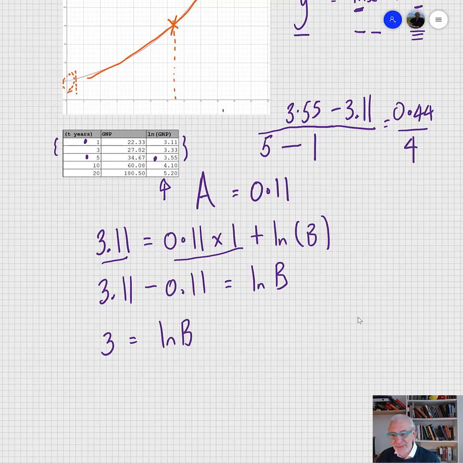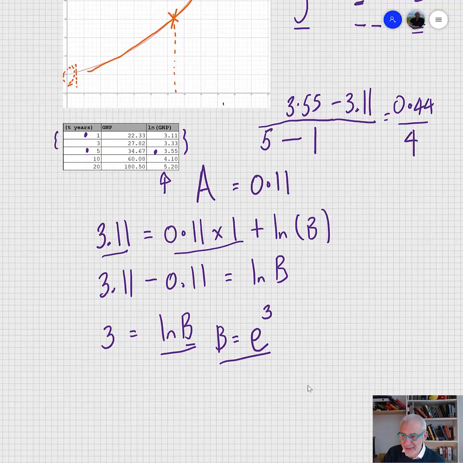And now if you want to find the actual value of b, we have to take the log n of b and raise it to the power of e, or e raised to the power of that will give us the value that we want. So what we want is e to the 3. Okay, right, that's the log n of b is equal to 3. Therefore, the value of b is equal to e to the 3. That's what the log actually means.